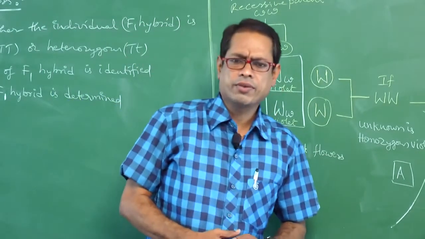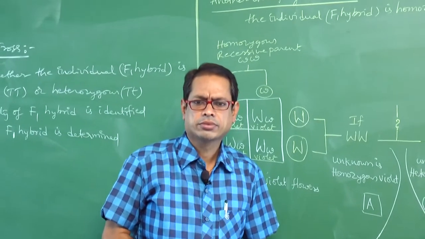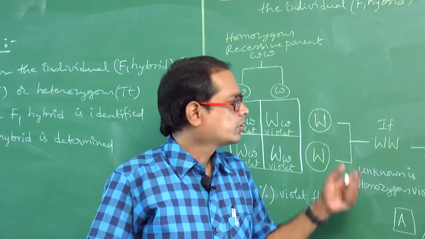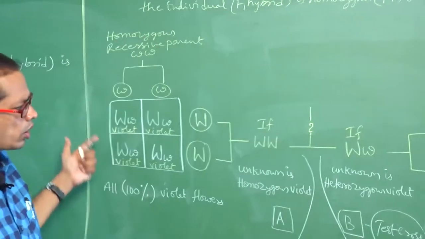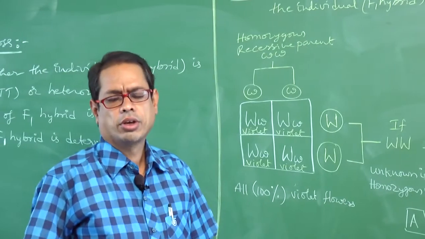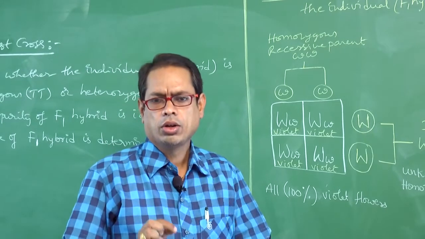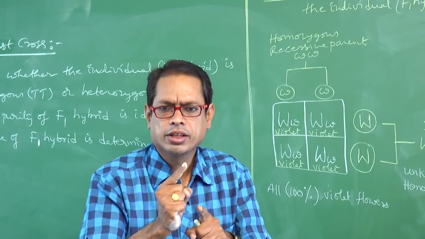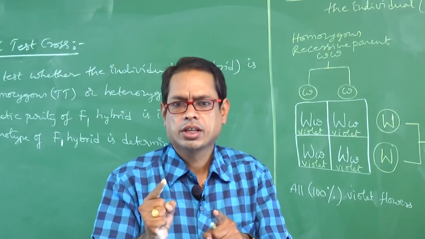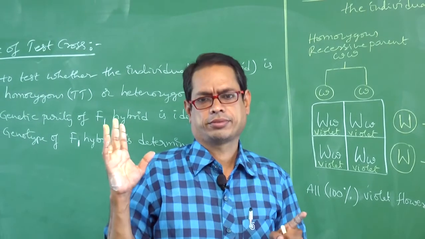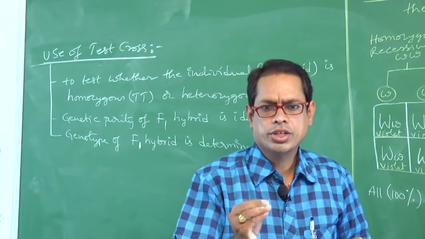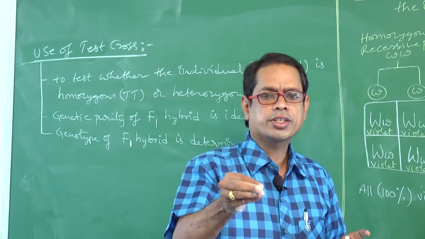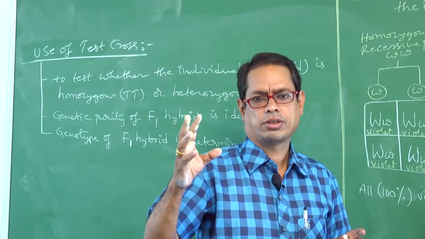With violet and white flowers, what is the dominant color? Violet. Recessive, white. So try to note down all these points, my dear students. One point I would recall: what does a test cross mean? The F1 hybrid is crossed with a recessive parent. A test cross is used to find whether the individual is homozygous or heterozygous.